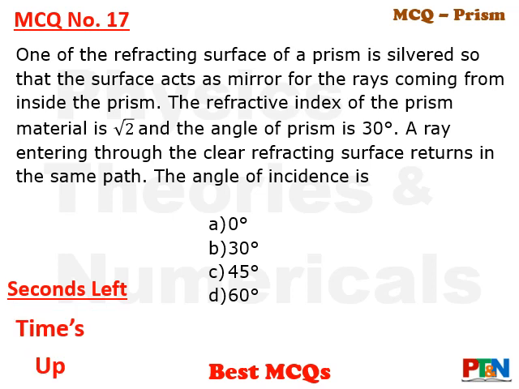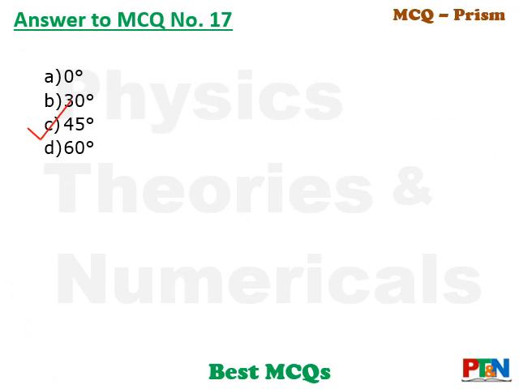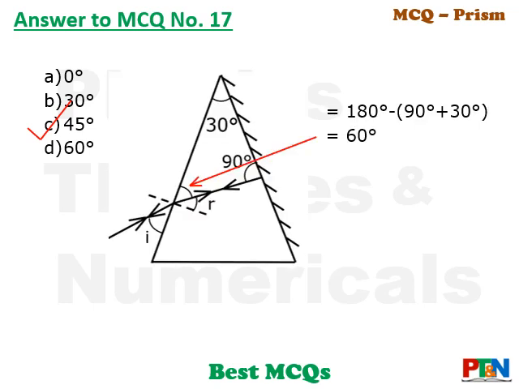Time's up. Let's see the answer. Answer is option C. Let's understand the calculation. Again, it's pure geometry. You need to find the angles. If the ray is coming back in the same line, that means the angle of incidence on the mirror is 90 degree.